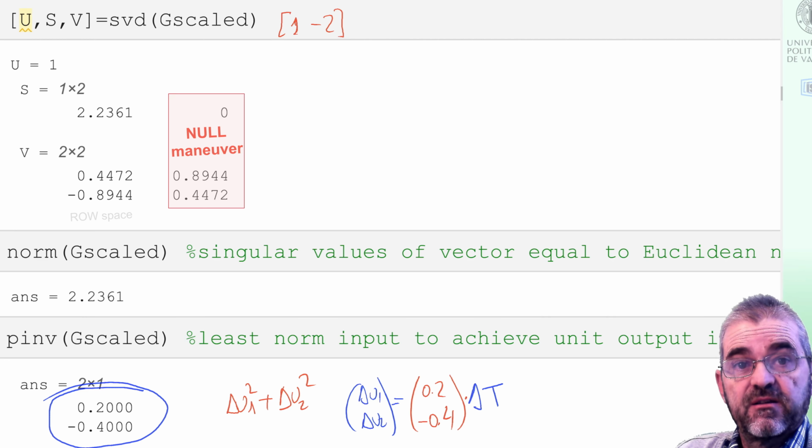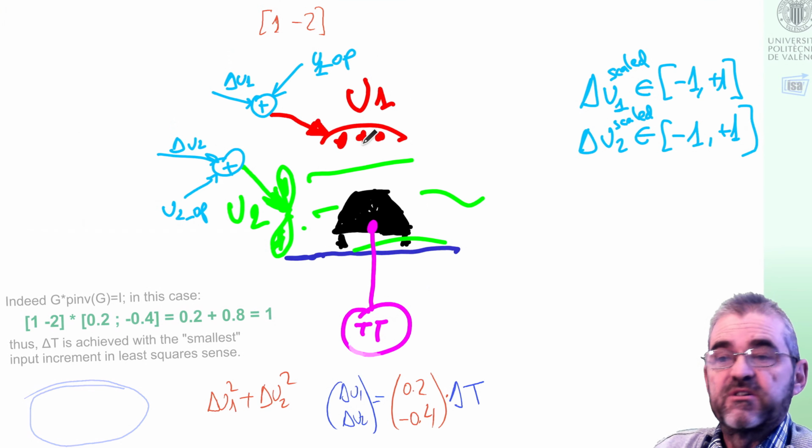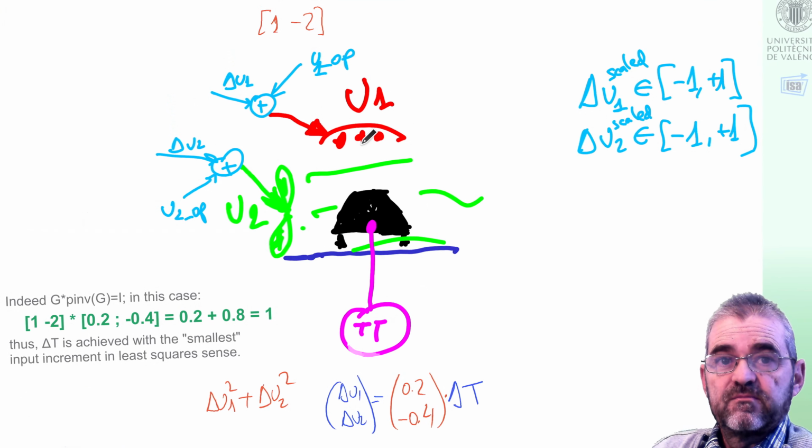The higher the gain, the higher the effort in scaled units I must devote in order to fit this least squares maneuver. In common sense terms, the best way to operate this when I wish to heat, let's say, is incrementing 1 unit the resistors and decrementing 2 units the blower intensity.